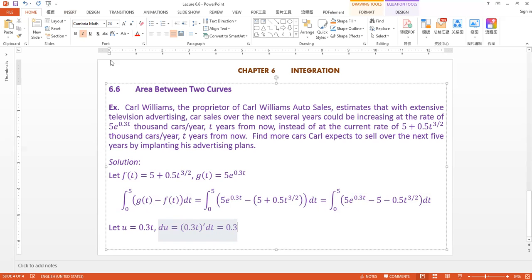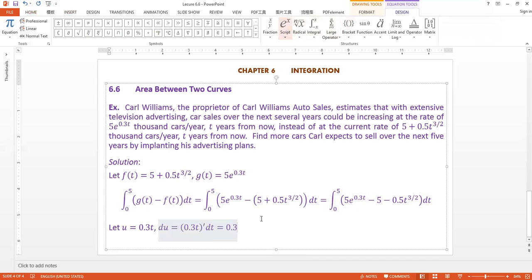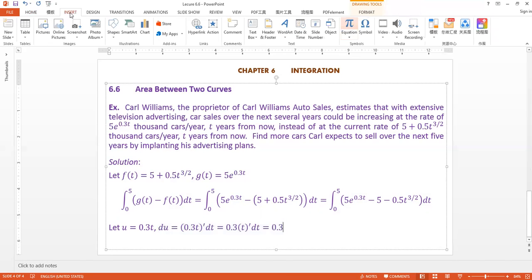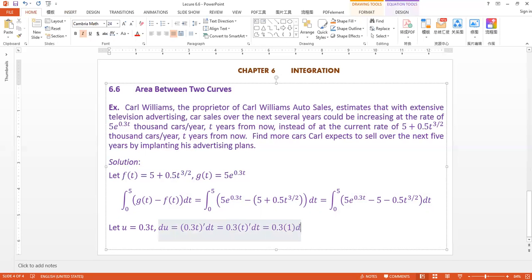So you can take out 0.3, so it becomes the derivative of t, which is 1. So we get 0.3 times 1 times dt. Okay, so that's just 0.3 dt, right?